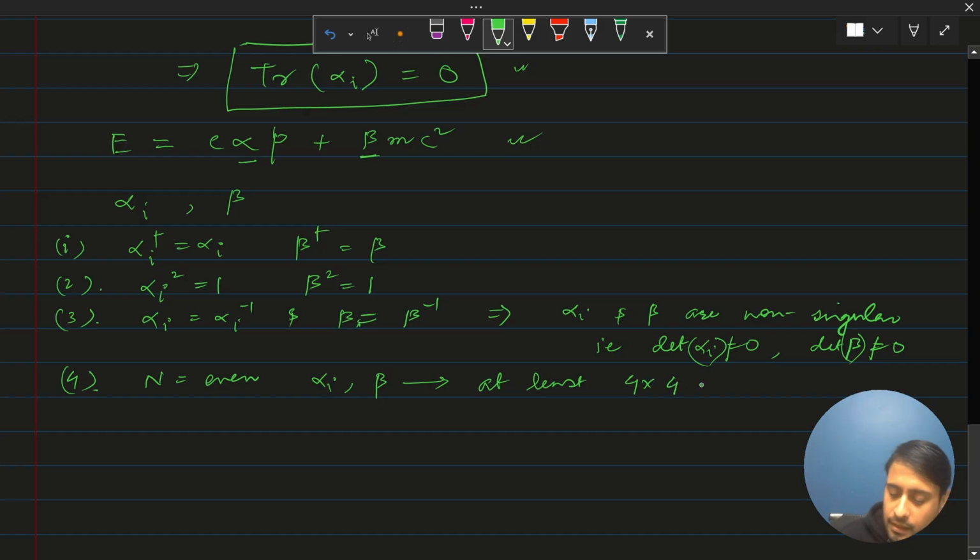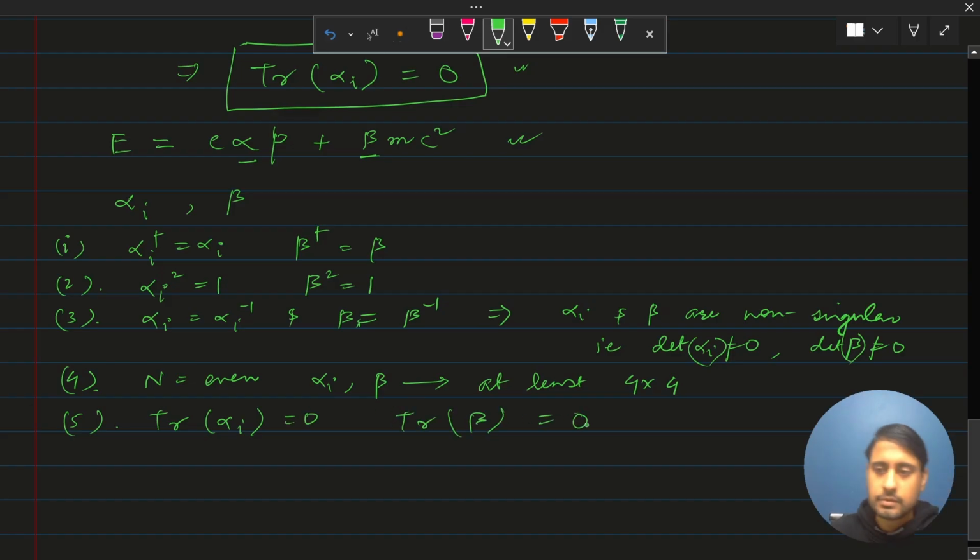Then the fifth condition we have is the trace of alpha I is 0 and trace of beta is also 0.